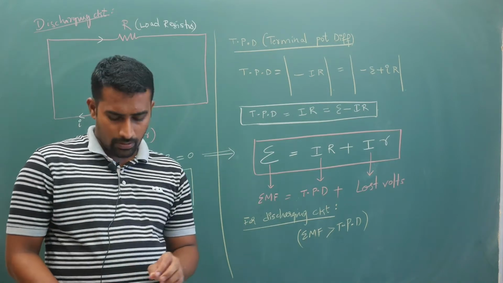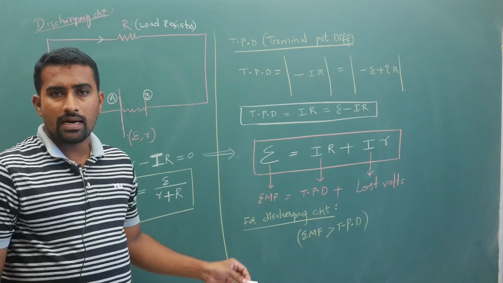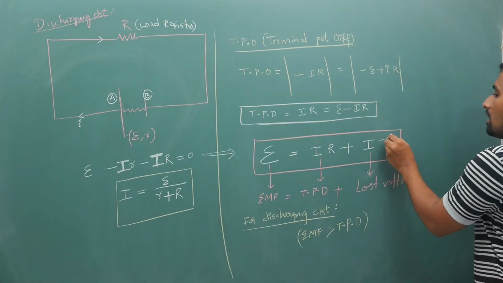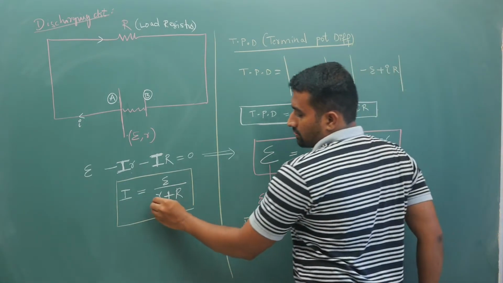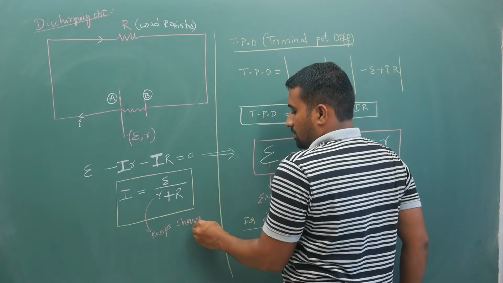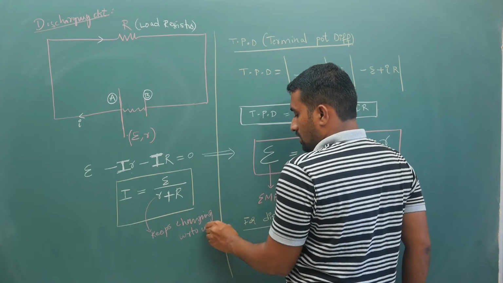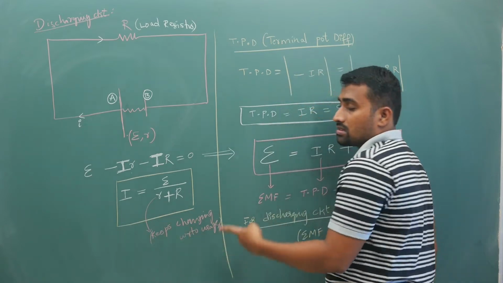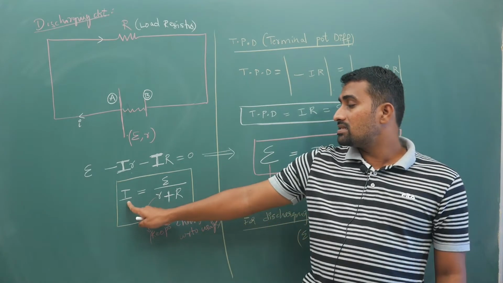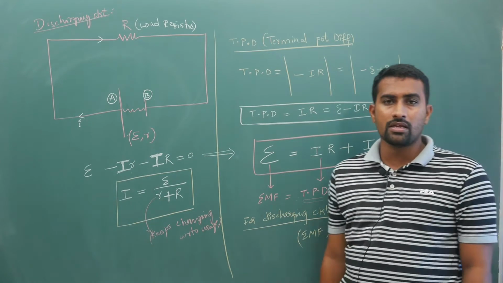Now the important point I want you to understand is that as you keep using the battery, the internal resistance small r keeps changing with usage. Changing r will change I, so automatically your terminal potential difference will change, but EMF will remain constant.